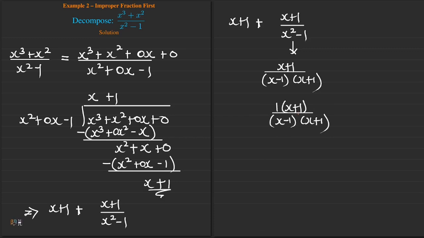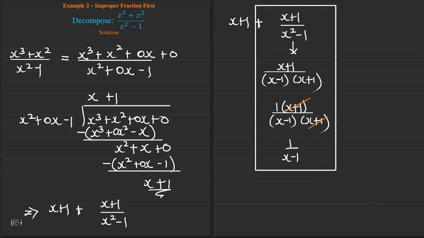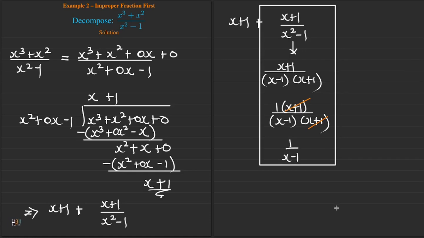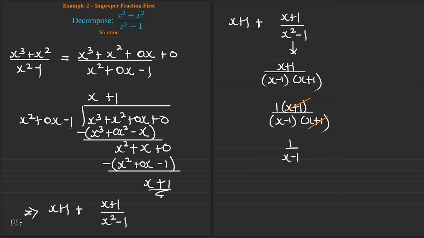So we can say the x plus 1 cancels out x plus 1. And we have left 1 over x minus 1. And that is all of this we have here. You see what we've been able to obtain from this particular fraction. Now, remember, we are still in our partial fraction process, you see. So this whole fraction has been rewritten as this over here.